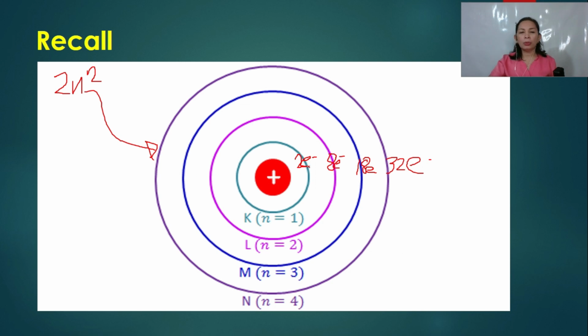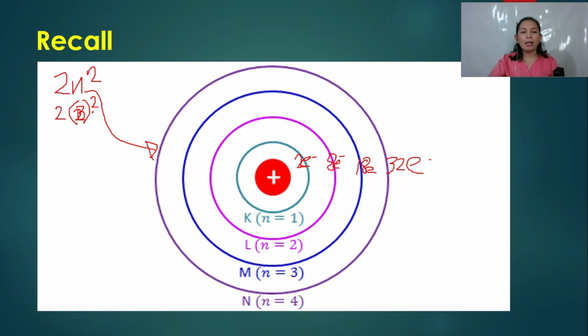Why 2? We simply square 1. That will be 1 times 2. We arrive at 2 electrons. And in the second energy level, if we square 2, that will be 4 times 2, and that is equivalent to 8. And if this is the third energy level, we square 3.